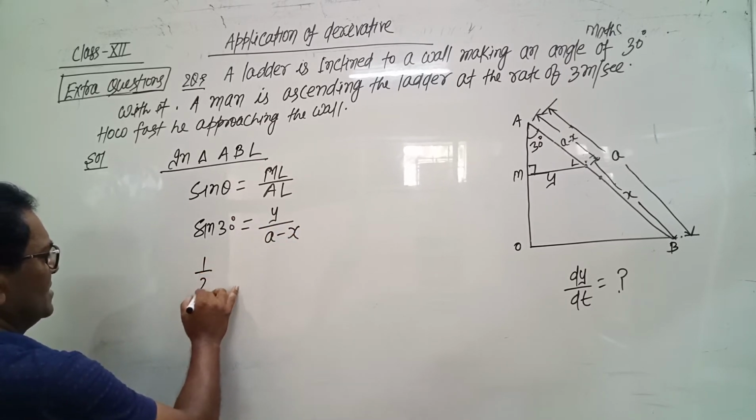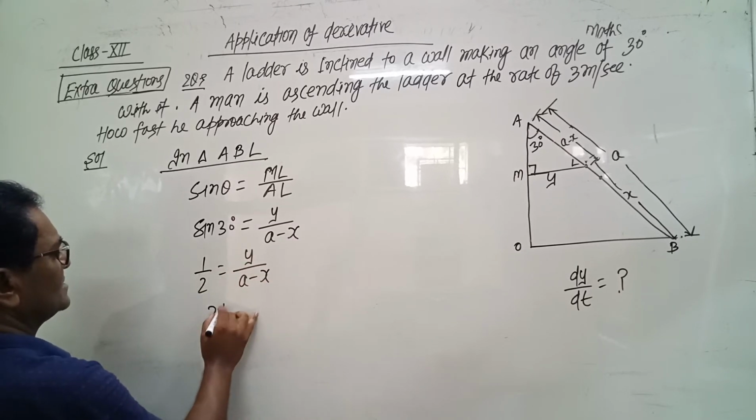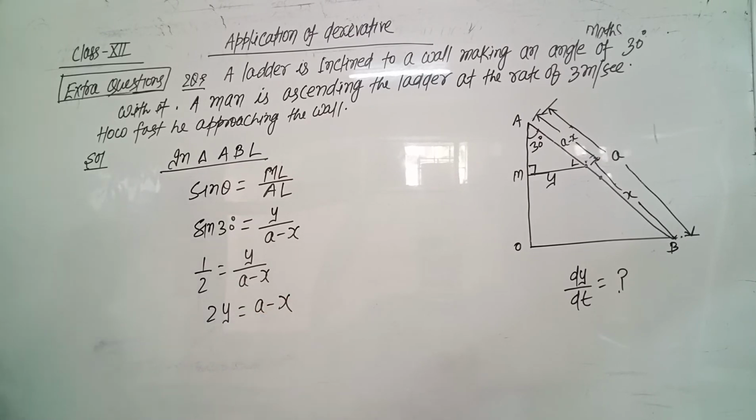The value of theta is 30 degrees. So sin 30 degrees, the value of sin 30 is 1 by 2, equals y upon A minus x, and 2y equals A minus x. We have to find dy by dt.